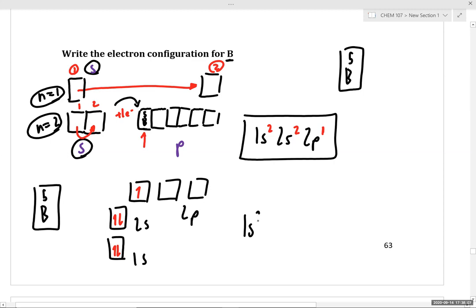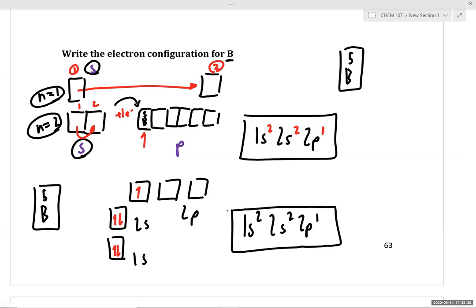In our 1s orbital, we have 2 electrons. In our 2s orbital, 2 electrons. In our 2p orbitals, we have 1 electron. So as you can see, both methods yield the same result. Any questions on writing electron configurations using the orbital box diagram method and the periodic table method?